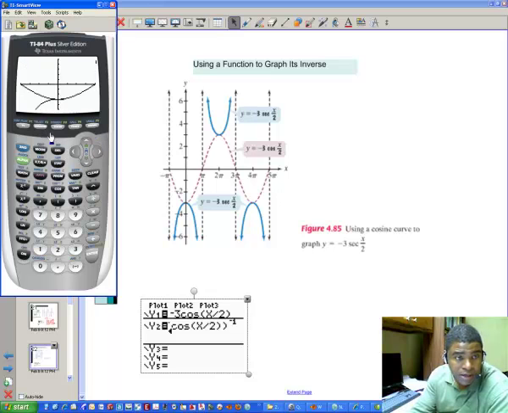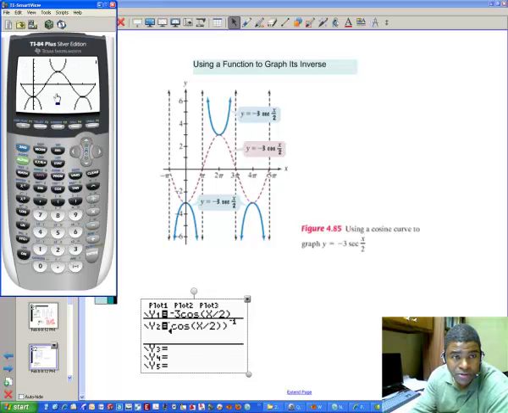It may not look like what's on the screen because I need to change my window settings. I'm going to make my x min negative pi, which I'm getting from the graph. I'll make my x max 5 pi, and my scale looks like pi, and my y min will be negative 6, y max will be positive 6, and then we'll graph it.